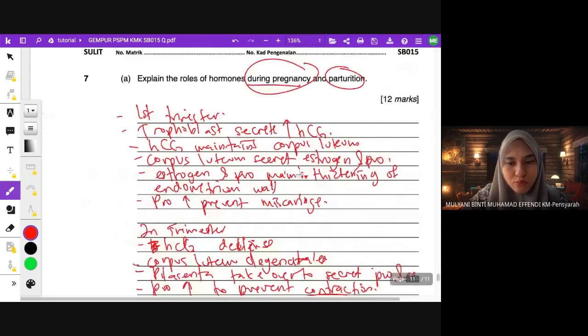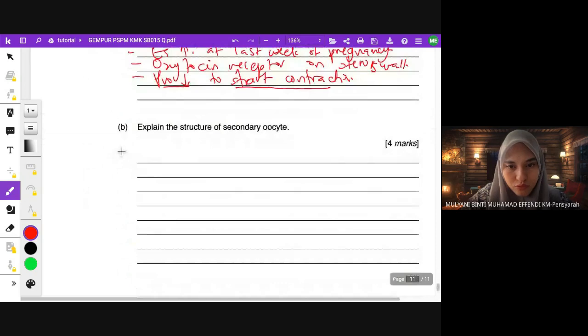So parturition pula. So parturition tak muat, so saya buat sebelah ni lah. So parturition. Okay, so estrogen, estro high. Okay, so dah ada reseptor oxytocin lah.